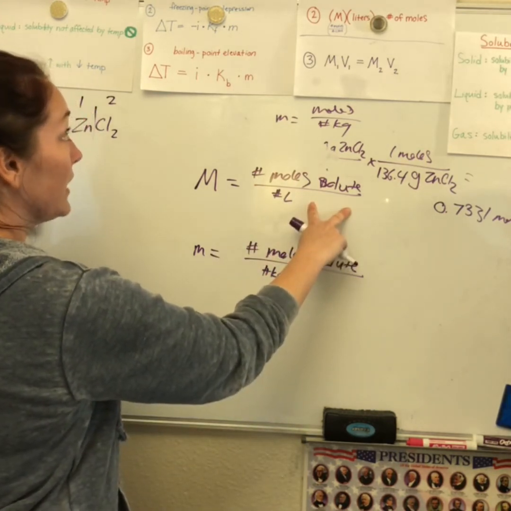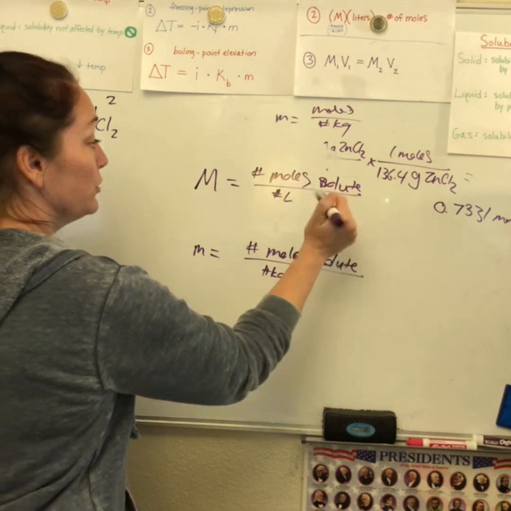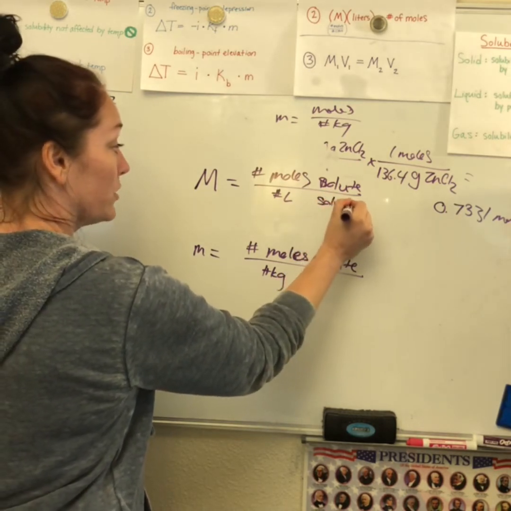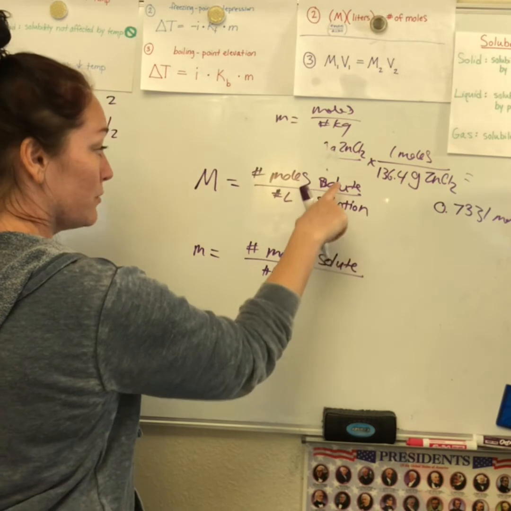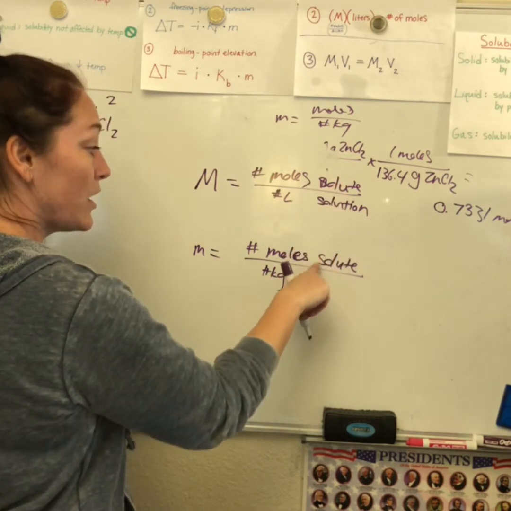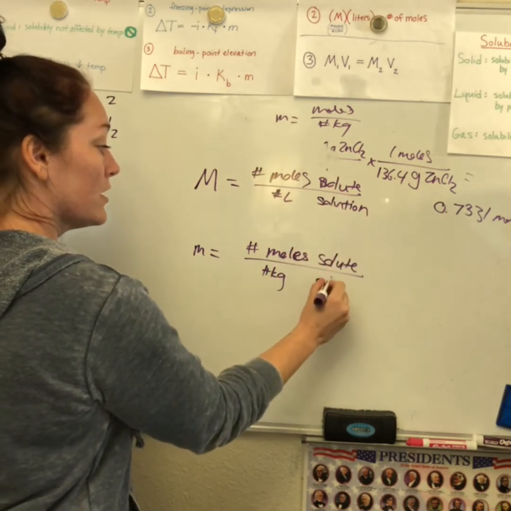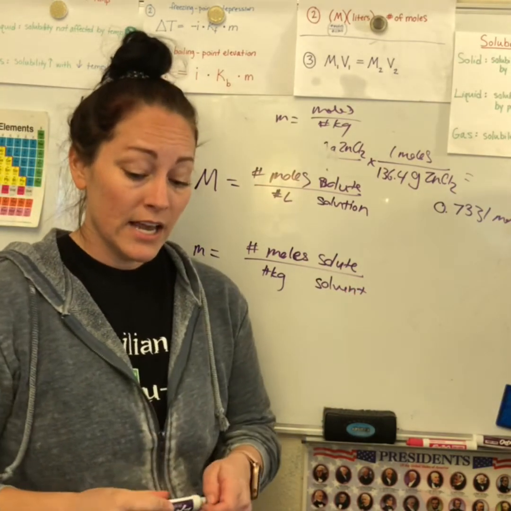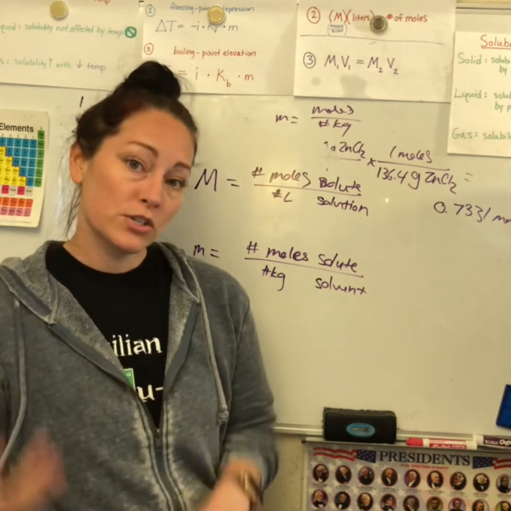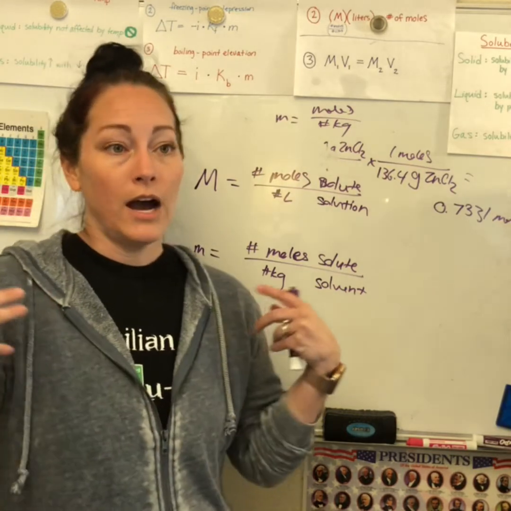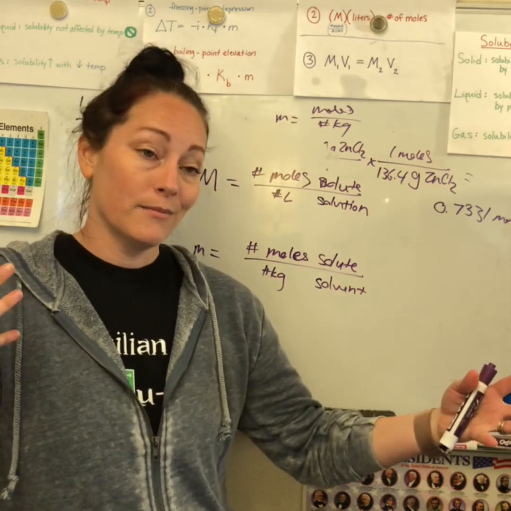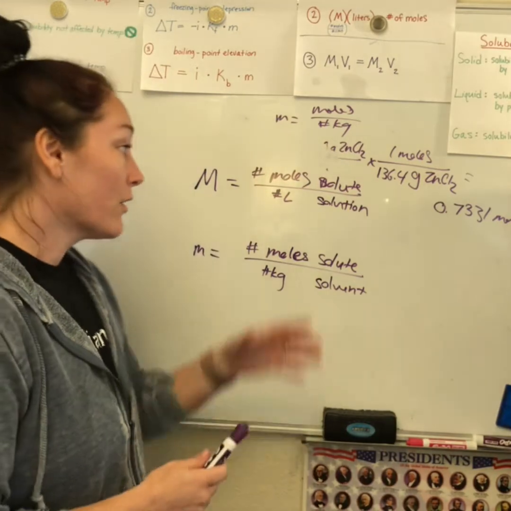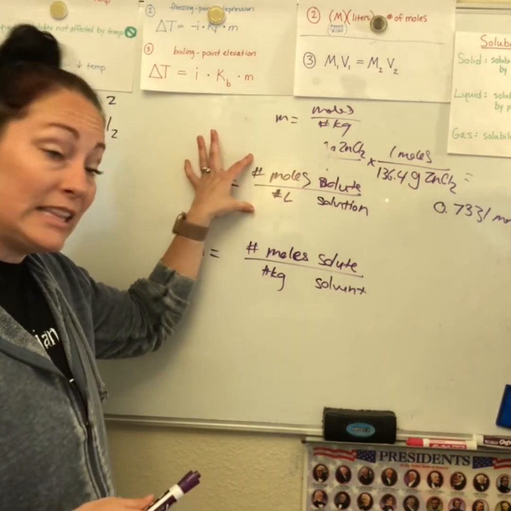Instead of being the solution, so the total right here, so part over the total, here it's part over part, solute over solvent, okay? So you might have a question on your test that asks you, what did this person do wrong? Or, you know, how did they describe this to their teacher? Okay, the difference is in these two things.